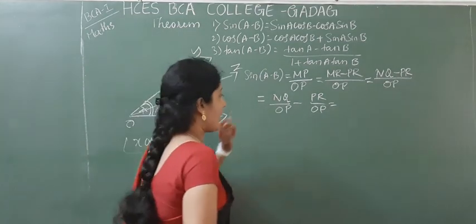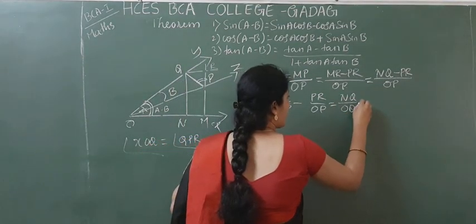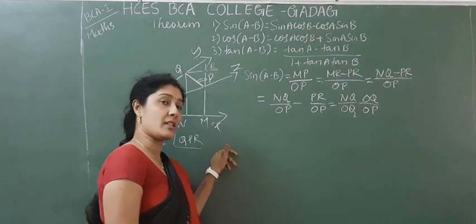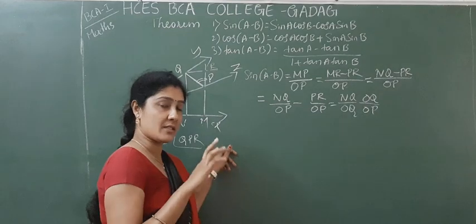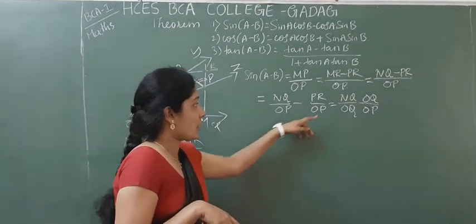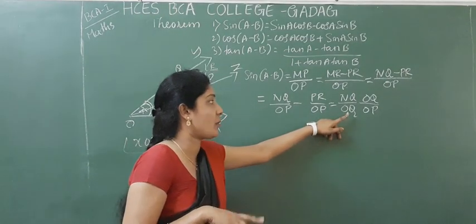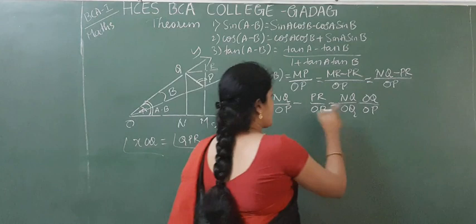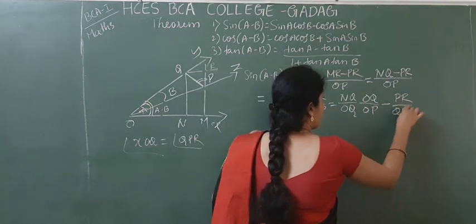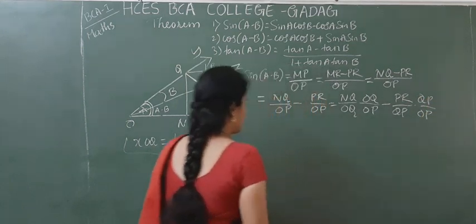So now I write it as NQ divided by OQ into OQ divided by OP, which we already did in the last theorem also. Now multiplying and dividing the numerator as well as denominator by OQ. Next, minus PR divided by QP into QP divided by OP.